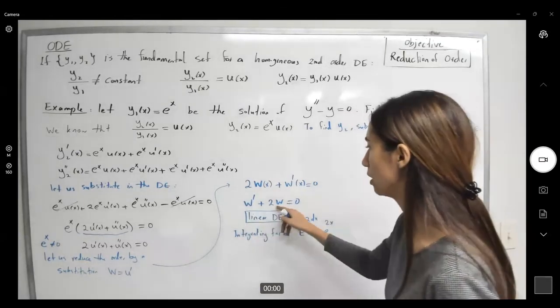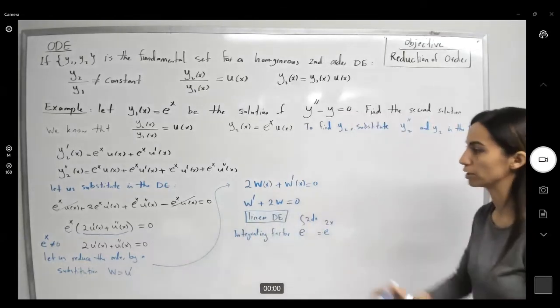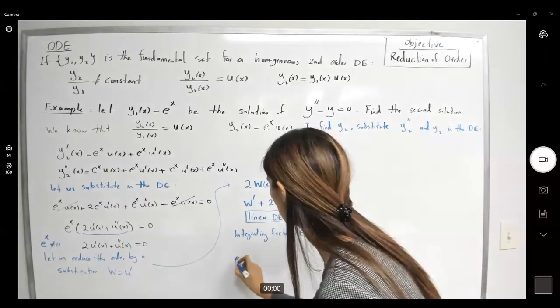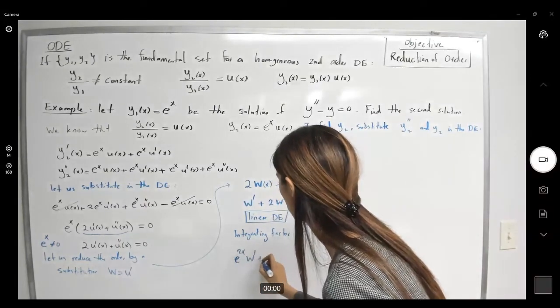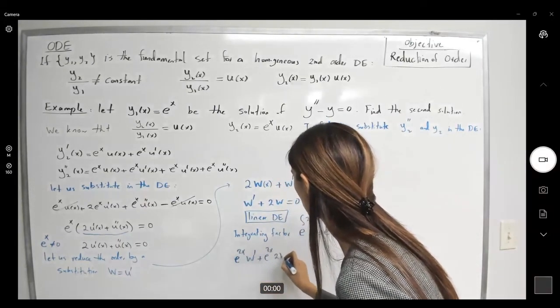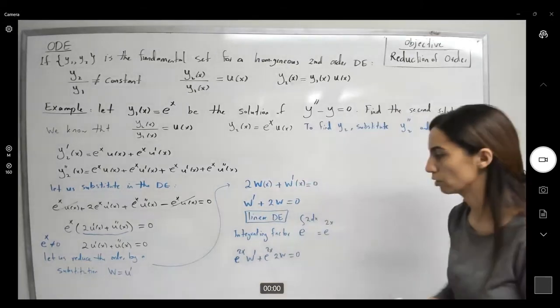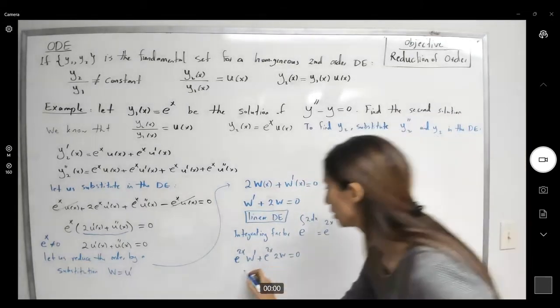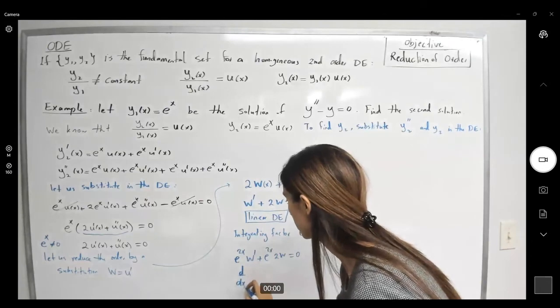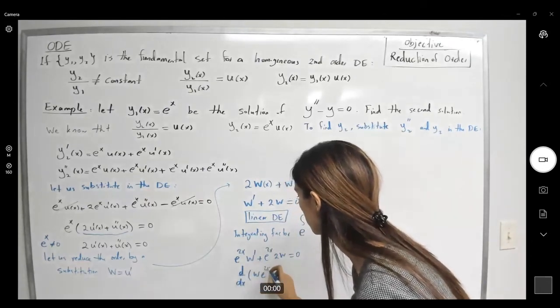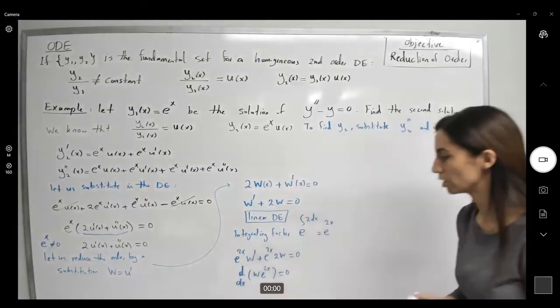Now multiply all terms, left side and right side, by e to 2x. You get e to 2x w prime plus 2 e to 2x w equal to 0. As you can see, on the left-hand side you have the derivative of w e to 2x, and on the right-hand side it is just 0.